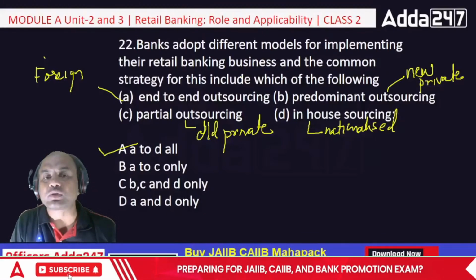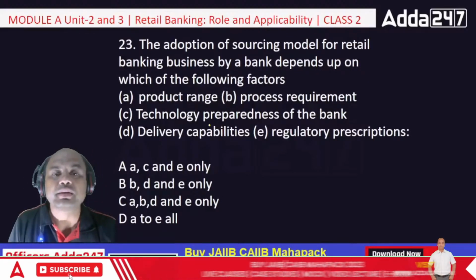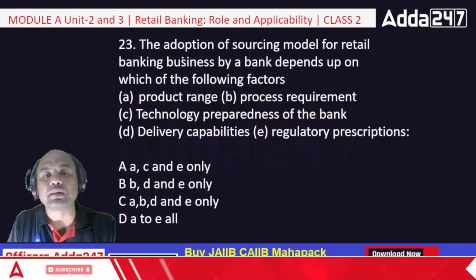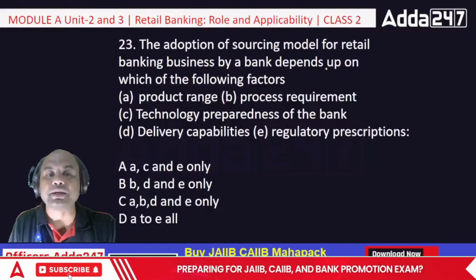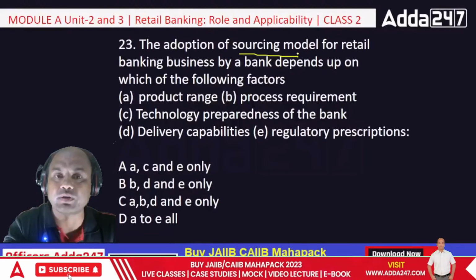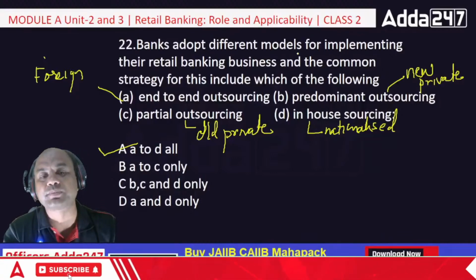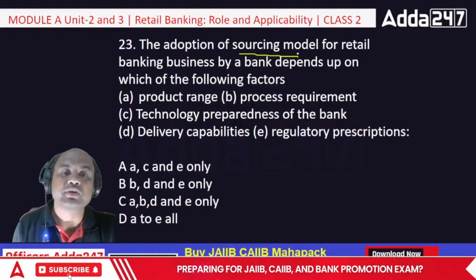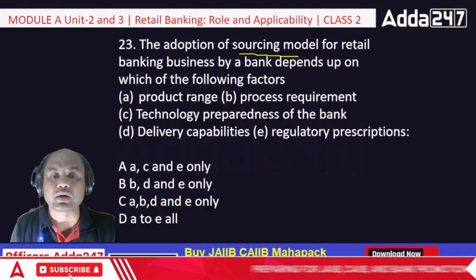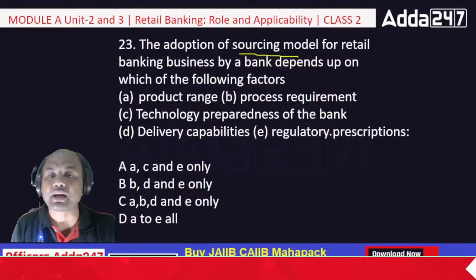The adoption of a sourcing model for the retail banking business by a bank depends on which of the following factors? Sourcing model means what we just saw: end-to-end outsourcing, predominant outsourcing, partial outsourcing, and in-house. So it depends on product range, process requirement, technology preparedness, delivery capabilities, and regulatory prescriptions.